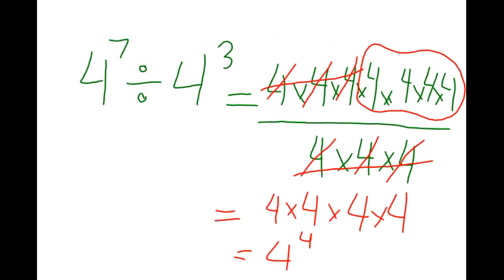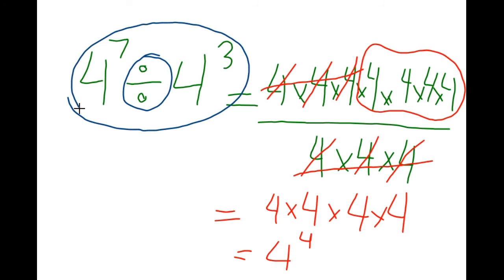Now if you come back to this division, here you see that something similar is being done, except that here we have a division symbol and there we had a multiplication symbol. This gives us the answer of 4 to the power of 4.